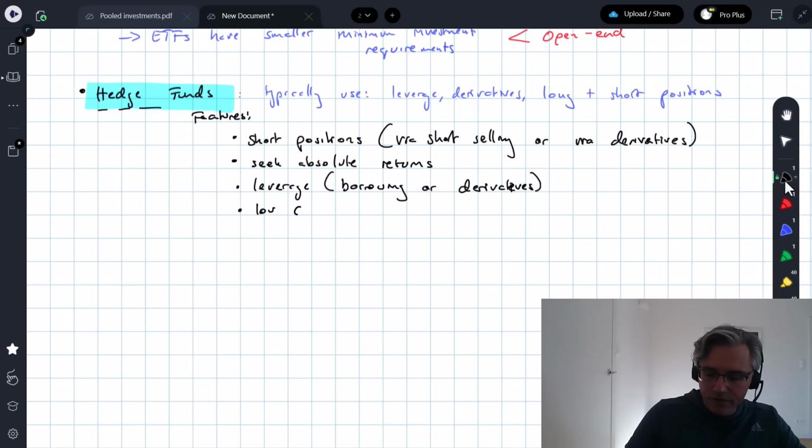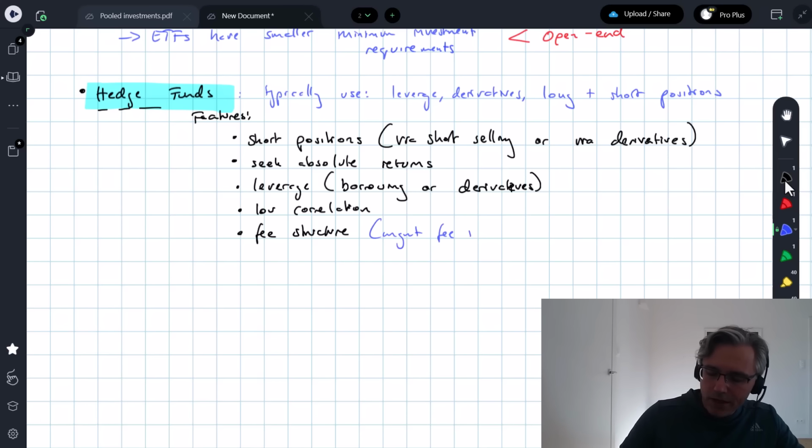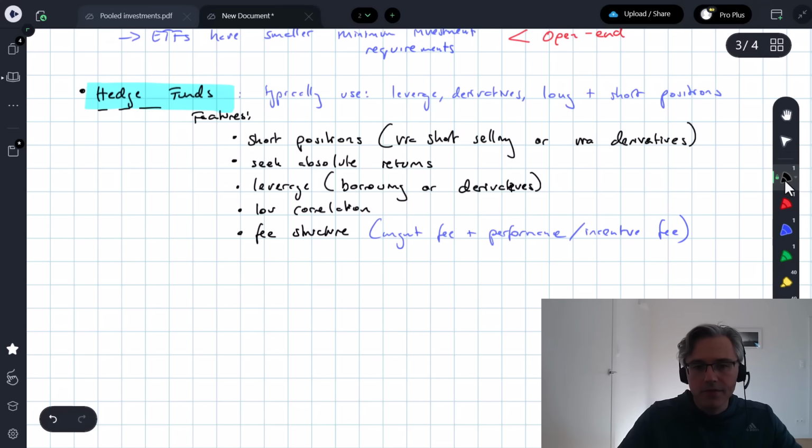They typically have low correlations with traditional assets like bonds and equities, and they've got a very specific fee structure. Now, you can learn all about this by watching the alternative investments video. You'll know that hedge funds typically have both a management fee as well as a performance or incentive fee built in, and that incentive fee can be quite high, for example, 20%.